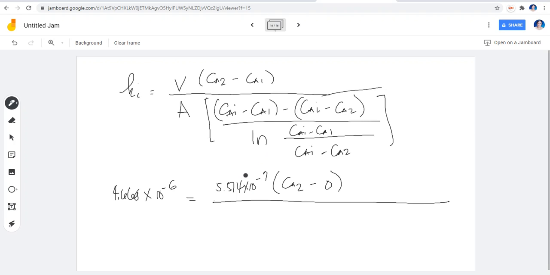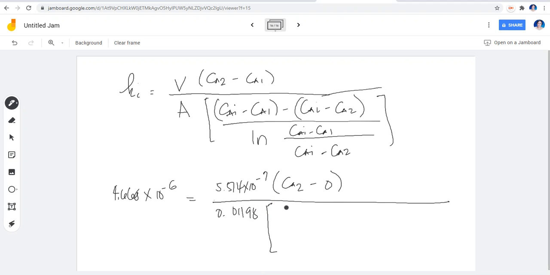We don't have it because it's pure water. Then our area, which I predetermined to be 0.01198, is the total surface area of all the spheres used as packing material. So 0.01198, and we multiply it with this log mean concentration difference.